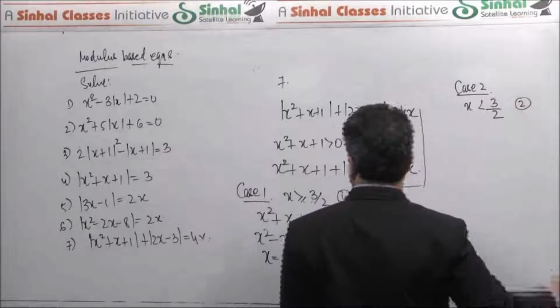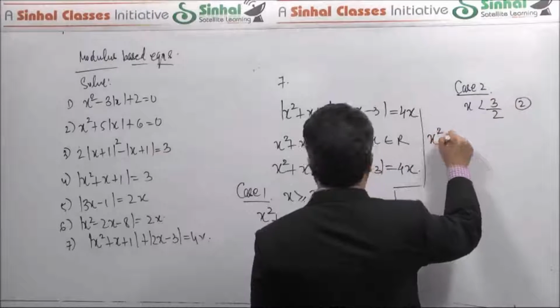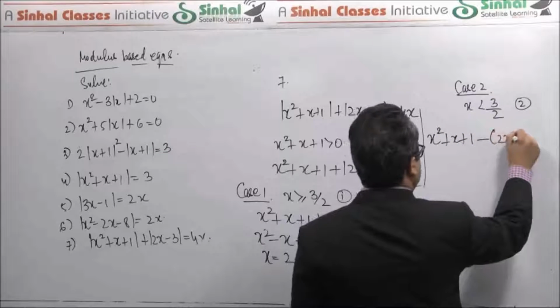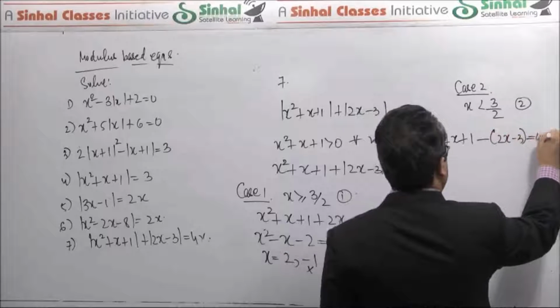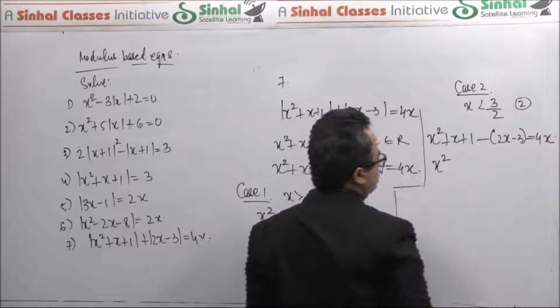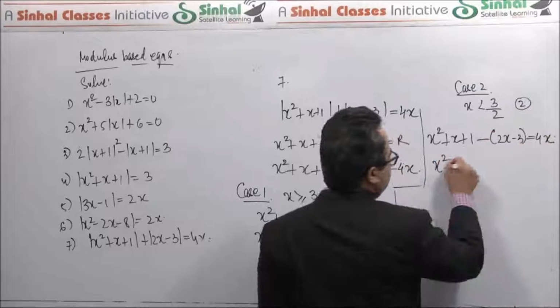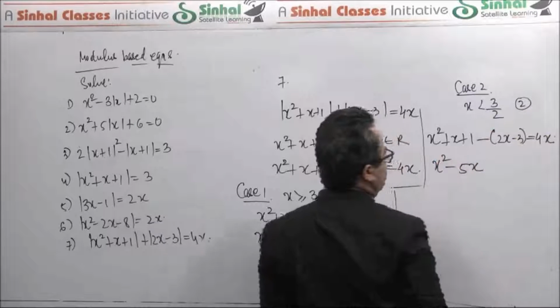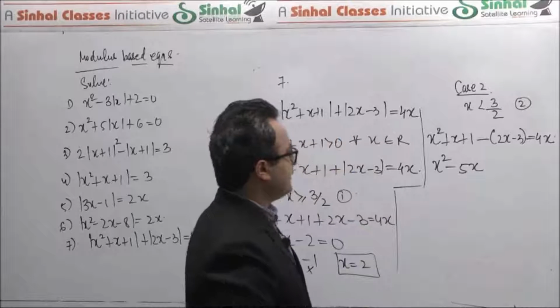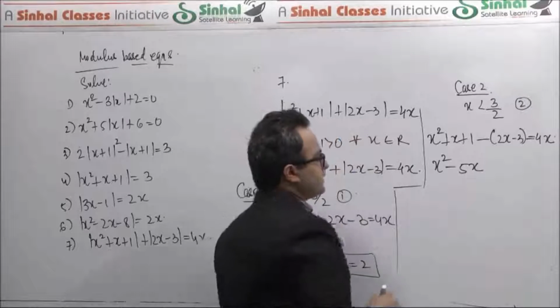So what will happen over here? That gives me x square plus x minus 2x minus 4x. So that's x square minus 5x plus 4.